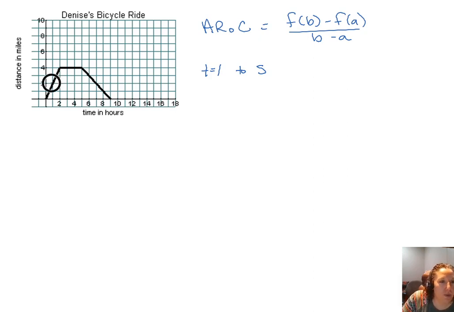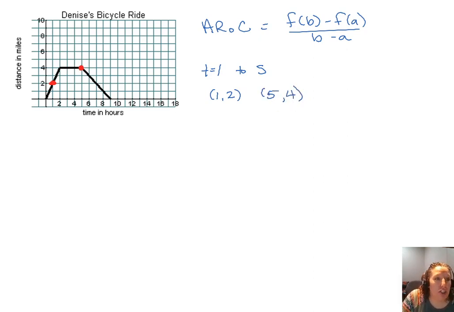So when t is equal to 1, the point on the graph has a y value of 2. So we get the point (1, 2). And when t is equal to 5, we get the point on the graph where y is equal to 4. So we get the point (5, 4).